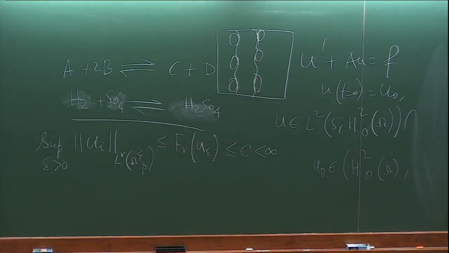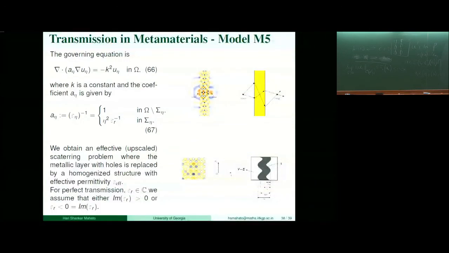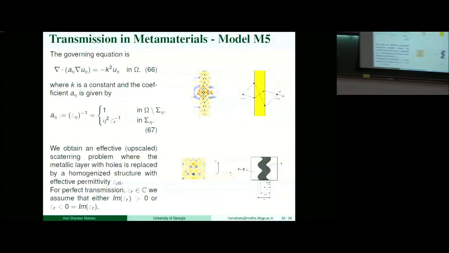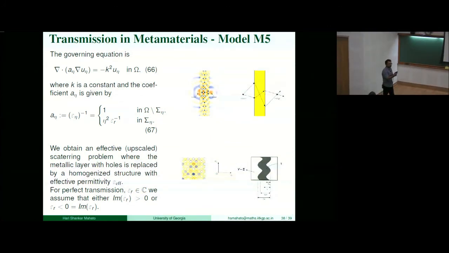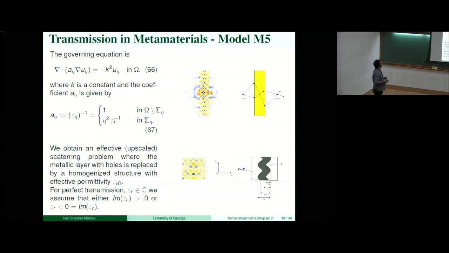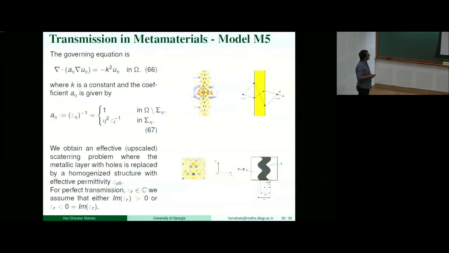Basically, we wanted to obtain the effective or upscaled behavior of this metallic layer, and also the effective behavior of the permittivity of this whole medium. The overall modeling is a little bit technical, but ultimately we will obtain a Helmholtz type equation.